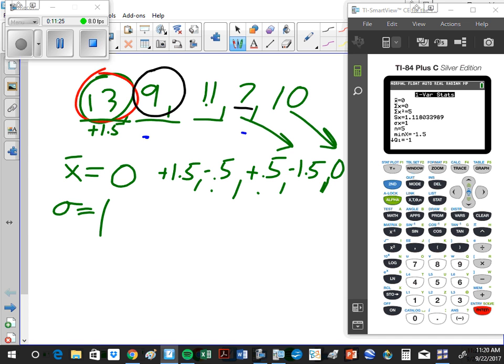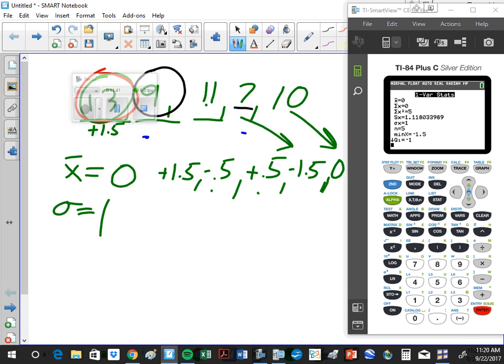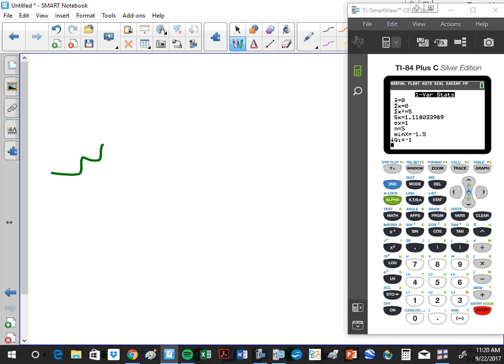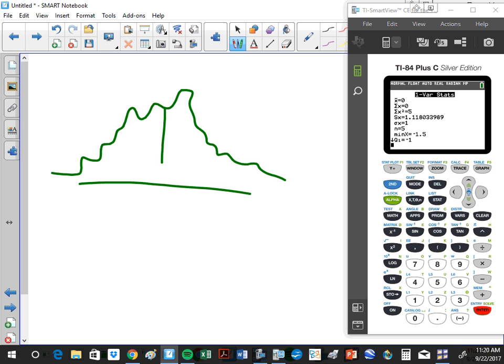Turn to page 79. Look at page 79. The normal curve has an average of 0. So remember, our job in chapter 5 is to take this, which might balance at, say, 120, and it might have an SD equal to 15.